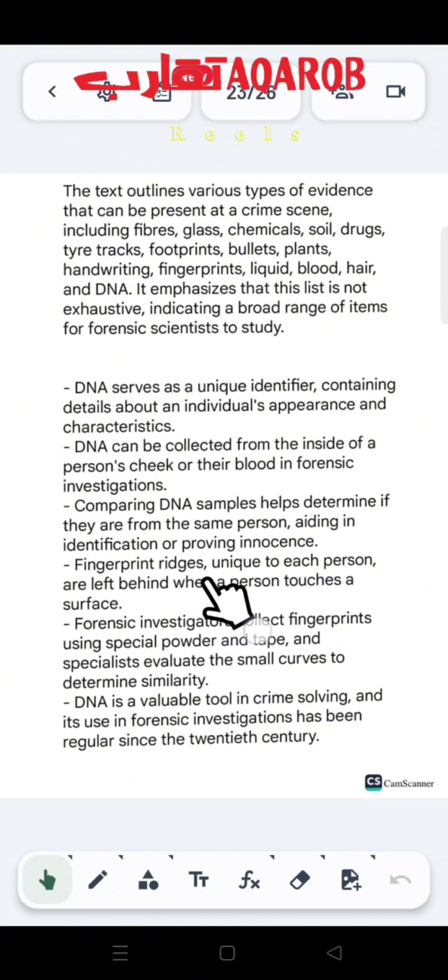Fingerprint ridges, unique to each person, are left behind when a person touches a surface. Forensic investigators collect fingerprints using special powder and tape, and specialists evaluate the small curves to determine similarity. DNA is a valuable tool in crime solving, and its use in forensic investigations has been regular since the 20th century.